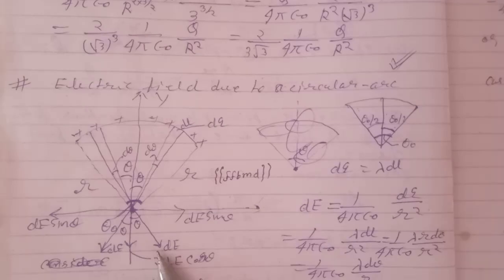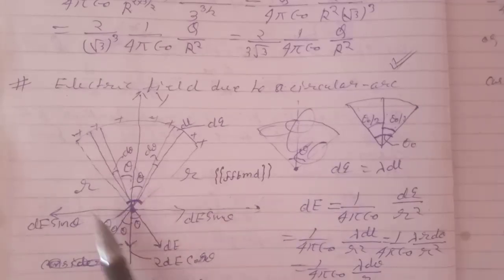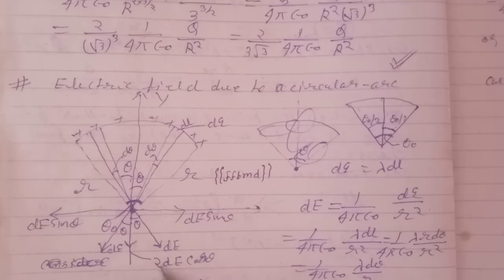So dE will have two components, dE sin theta and dE cos theta. The dE sin theta components will cancel out, and both dE cos theta components will add to become 2 dE cos theta.